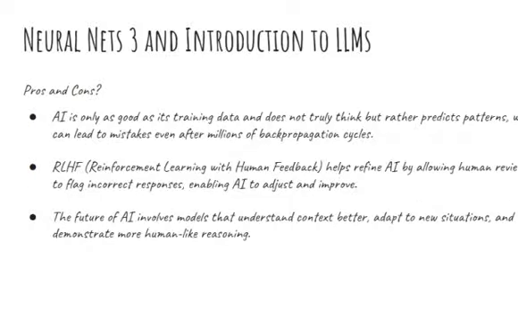But AI, of course, is not perfect. It's only as good as its training data, and it can still make tons of mistakes even after millions of rounds of backpropagation.